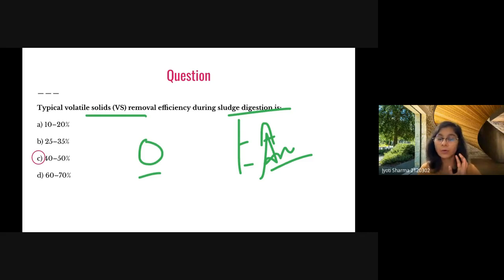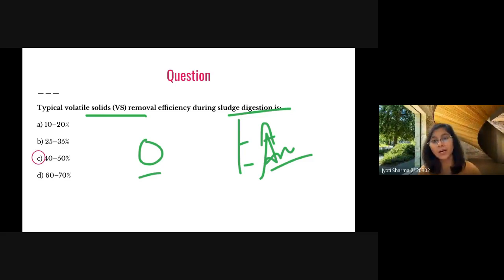Okay, so what I'm saying is, to manage the sludge, one process is sludge digestion, in which we use some microbes either in the presence or in the absence of oxygen. That's how we can remove volatile solid from the sludge in the form of, let's say, carbon dioxide or water. But the typical efficiency to remove this volatile solid using sludge digestion is only 40 to 50%.